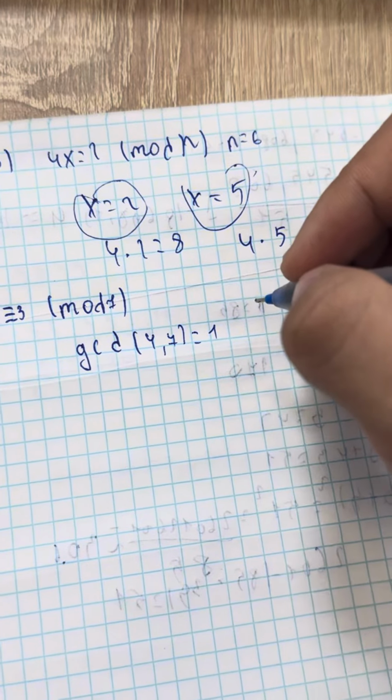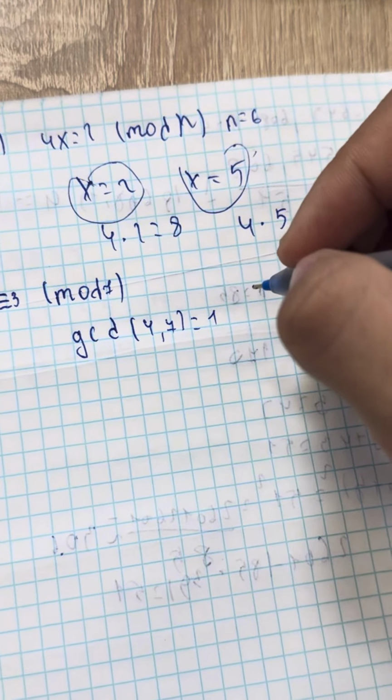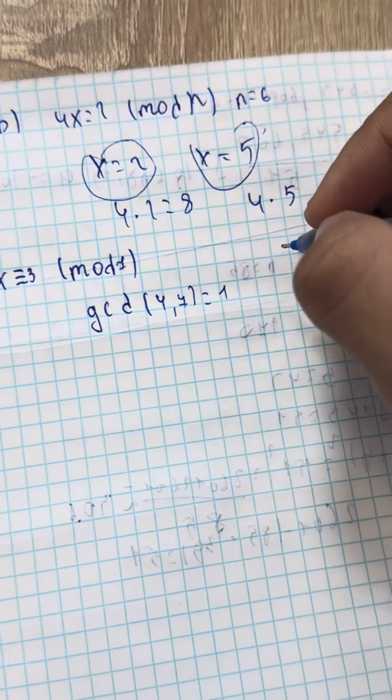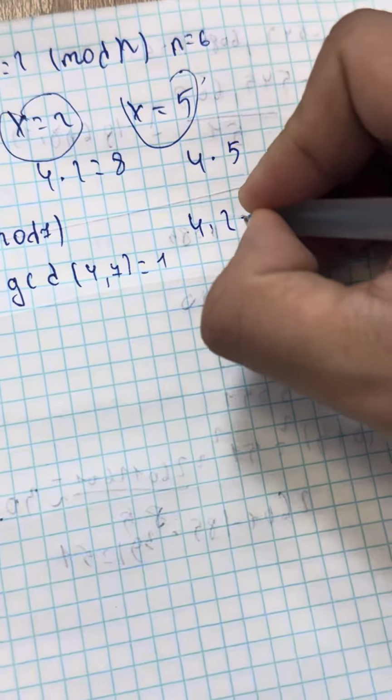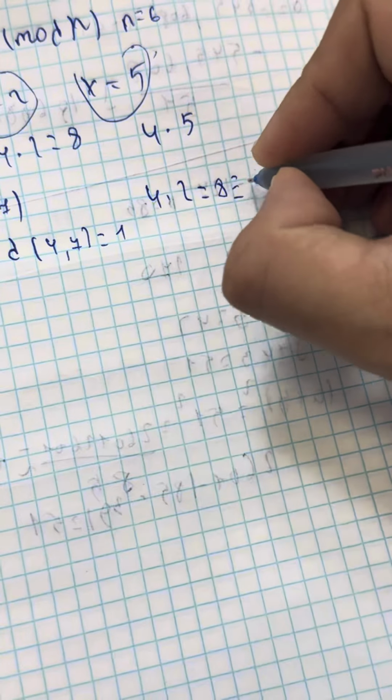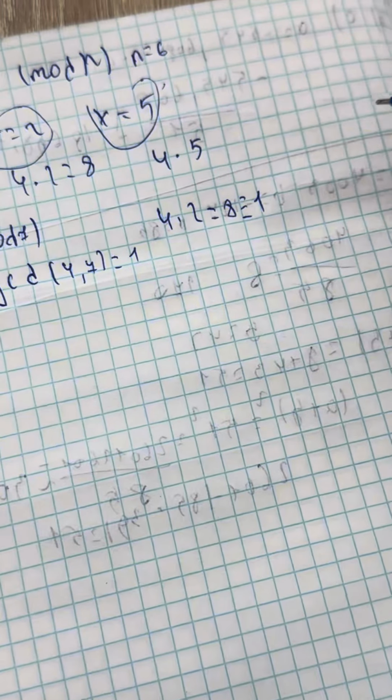In this task, the greatest common divisor of 4 and 7 is 1, so there is exactly one solution. Modulus 7.